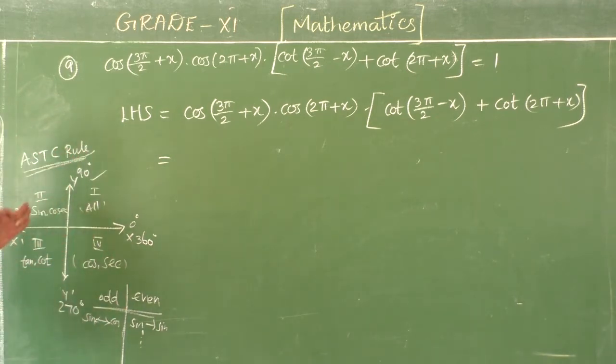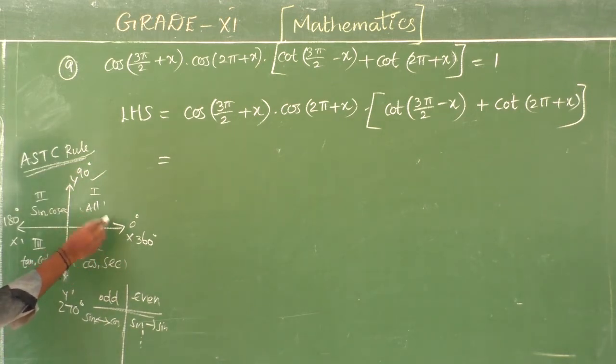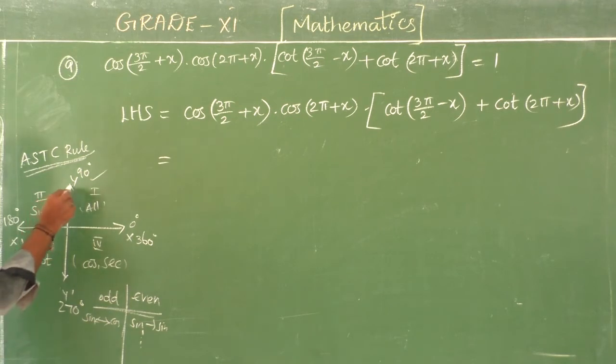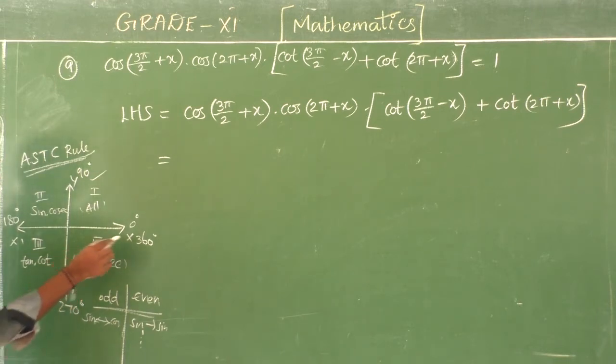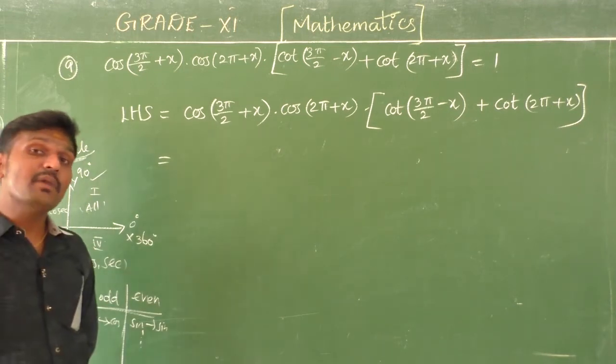Which quadrant does 270 plus x contain, do you know? The first quadrant contains plus theta and 90 minus theta. The second quadrant has 90 plus theta and 180 minus theta. The third quadrant contains 180 plus theta and 270 minus theta. Finally the fourth quadrant contains 270 plus theta and 360 minus theta, and also minus theta.